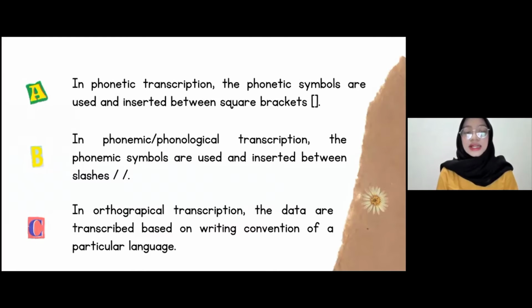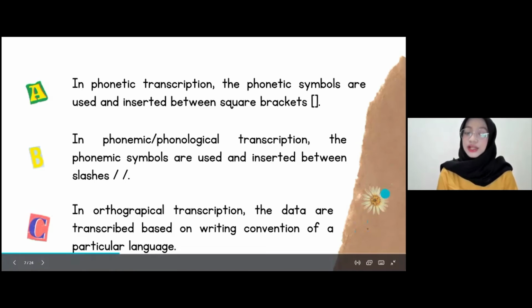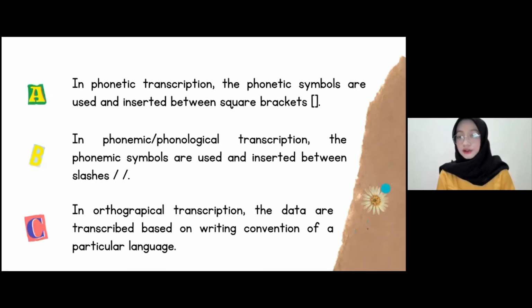Okay, the second is phonemic or phonological transcription. The phonemic symbols are used and inserted between slashes. And the last is orthographic transcription. The data are transcribed based on the writing convention of a particular language.